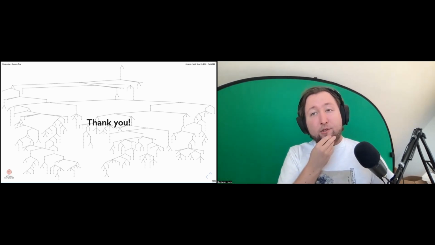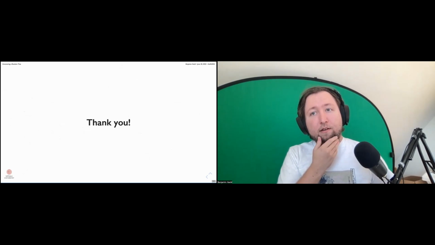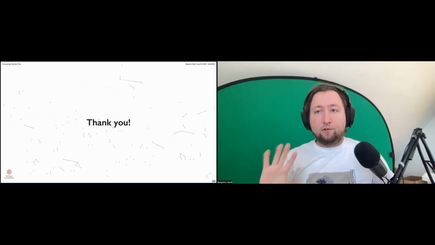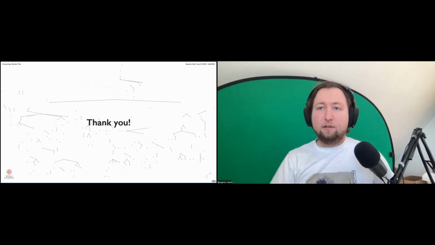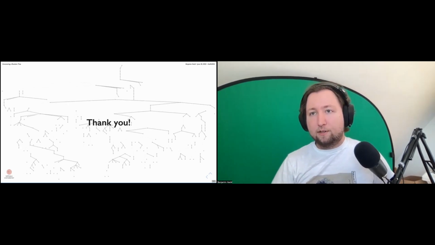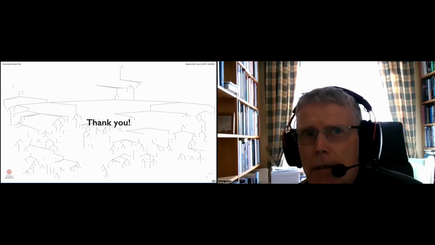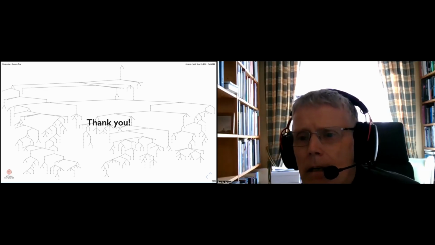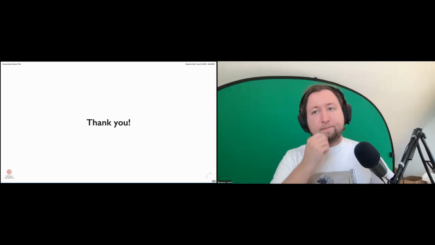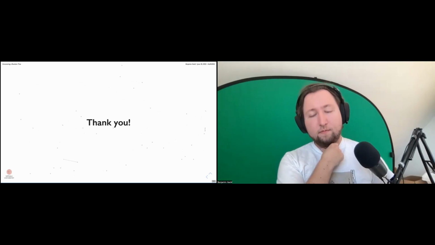Perhaps we can explore this more if we turn the process around and do percolation on vertices. Pitman's process is percolation on edges, so this would be some kind of vertex equivalent. Okay, thank you.